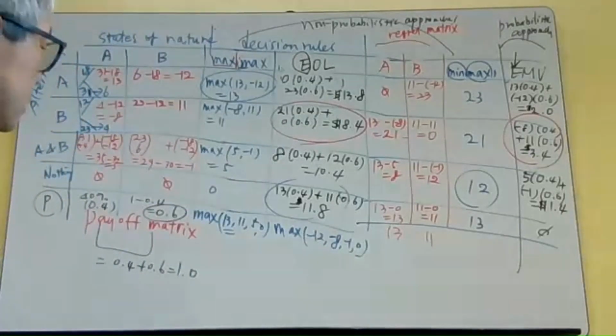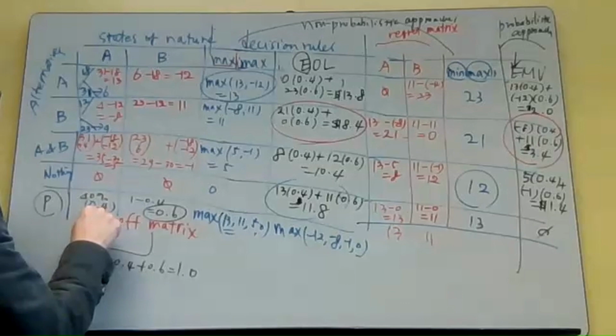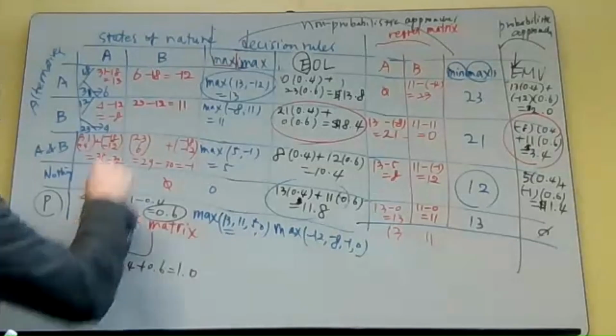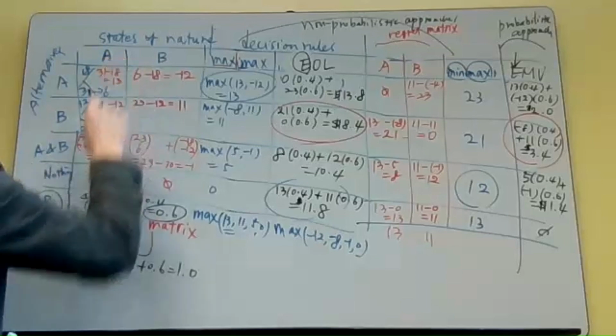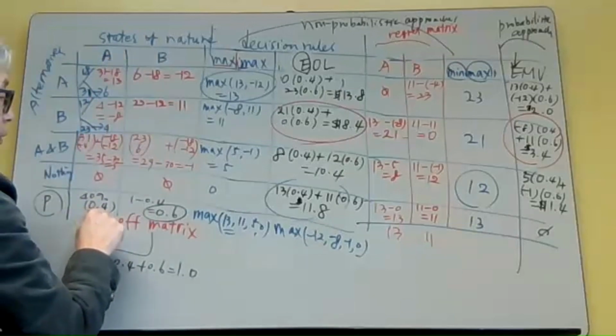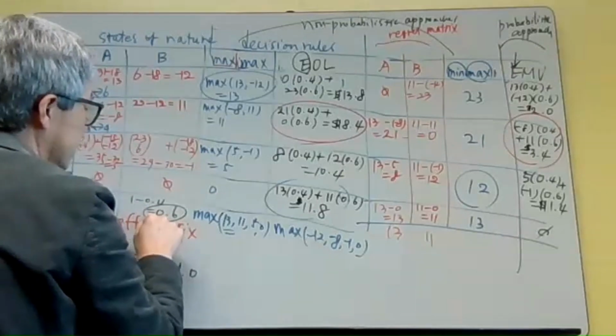The thing is, we used the probability of having the new airport in location A as 0.4 and the other as 0.6.